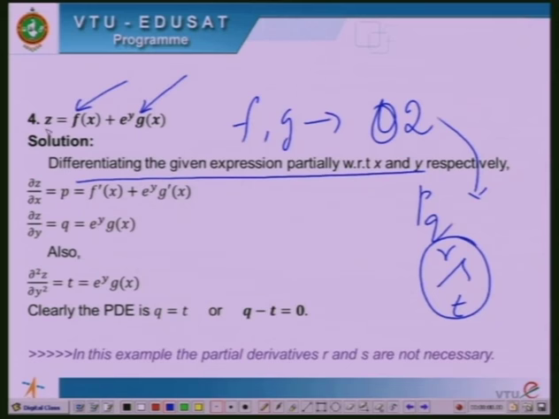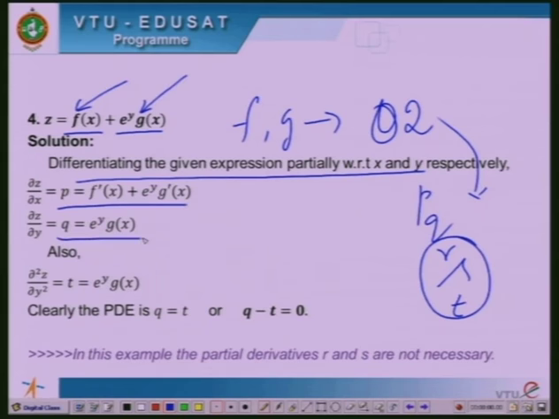dou z by dou x will give you, the first term contains x, f of x is transformed to f dash x, the second term is e power y g of x, in which g of x is the function containing x. So, on differentiation that gives you g dash of x. So, p becomes f dash x plus e power y into g dash x.